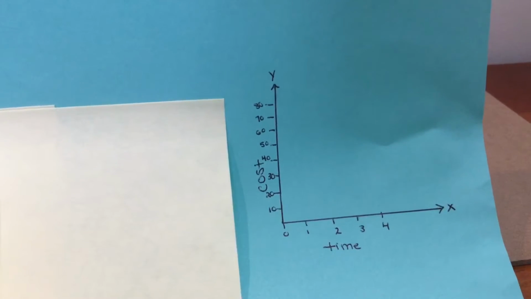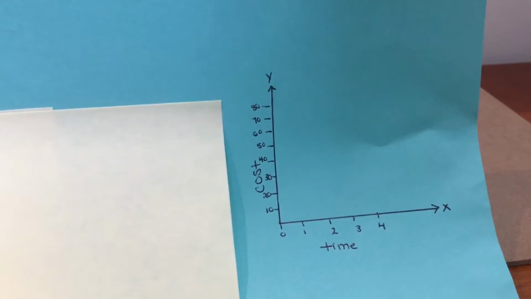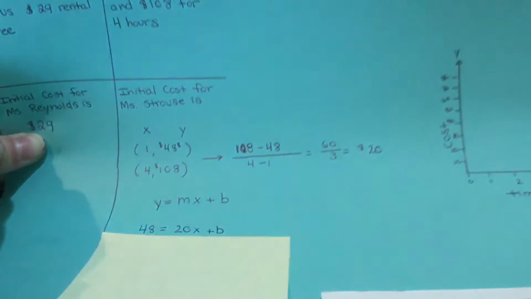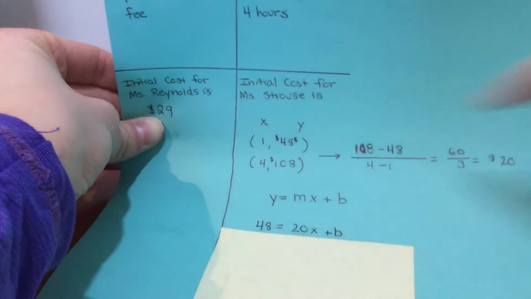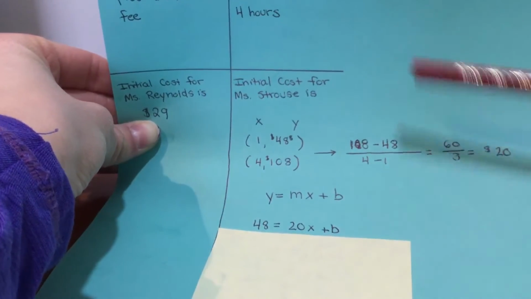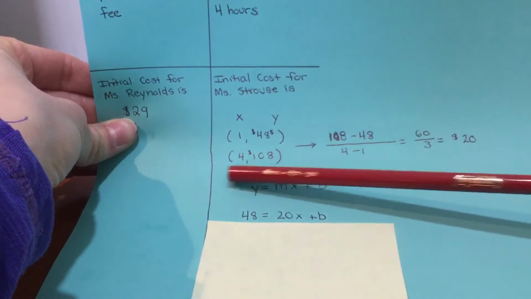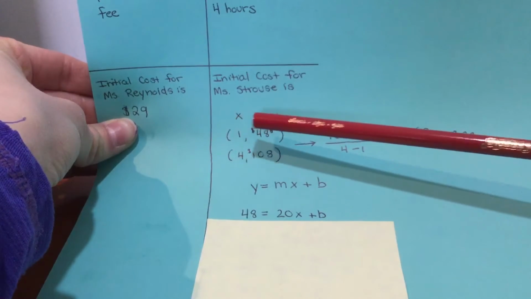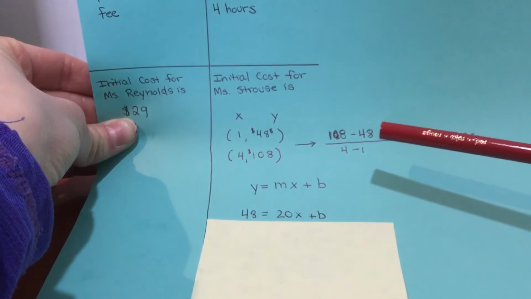That's the most appropriate way to look at it. So we needed to keep that in mind when we did our slope. So again, Mrs. Strauss's information, the $48 for 1 hour and then $108 for 4 hours, can easily be translated into x and y coordinates, and then we can solve for the slope.